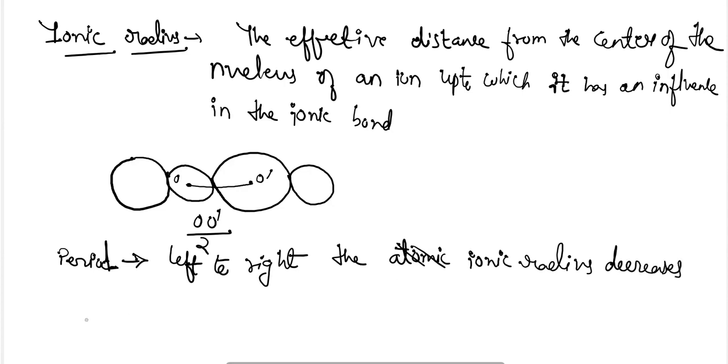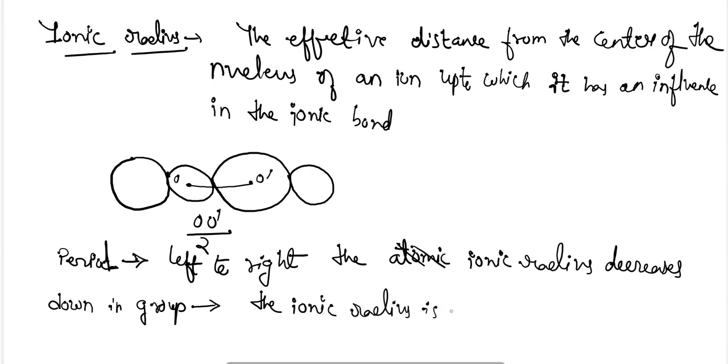Similarly, on moving down in group, we will see that the ionic radius is increasing. Okay, so these are the different trends for the atomic radius and ionic radius for an element in the periodic table.